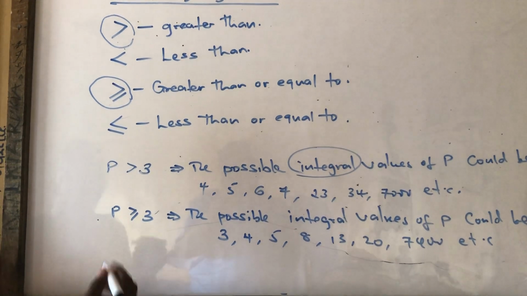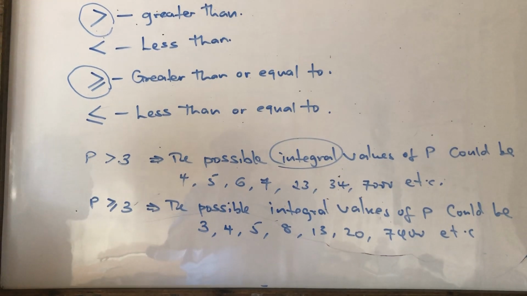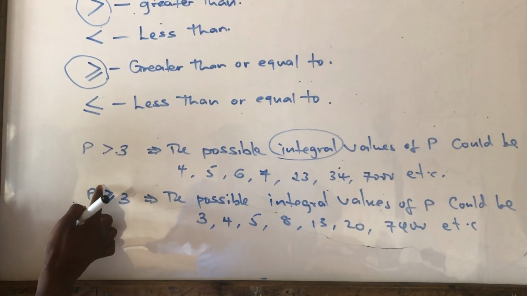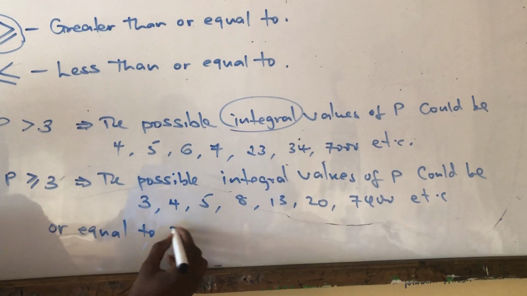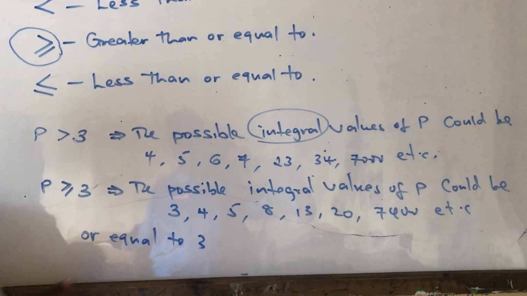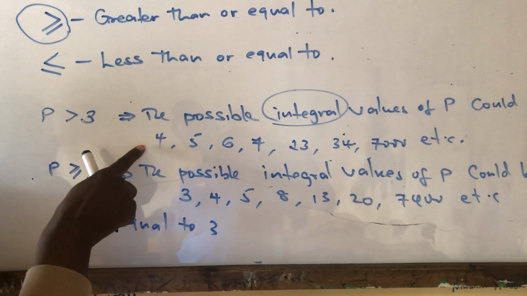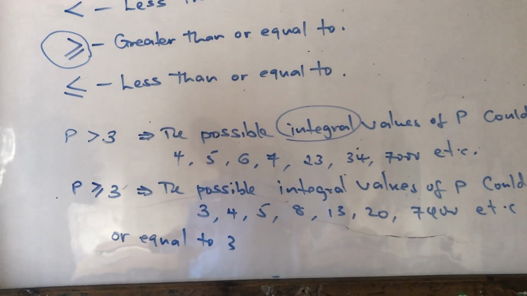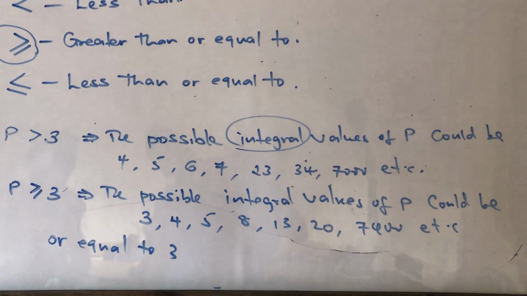Do remember, the inequality symbol itself mentioned that P is either greater than 3 or equal to the 3 itself. Which means here, the first possible value of P to consider is 3, while here, the 3 is not considered as one of the possible values of P. I hope that is understood.